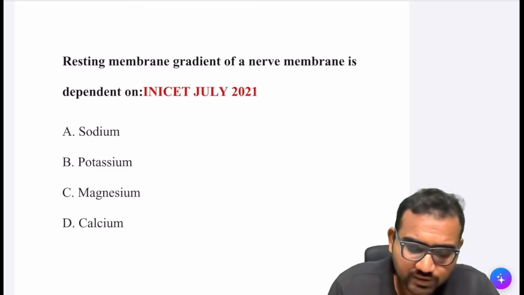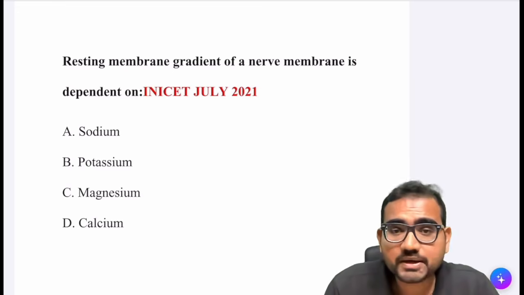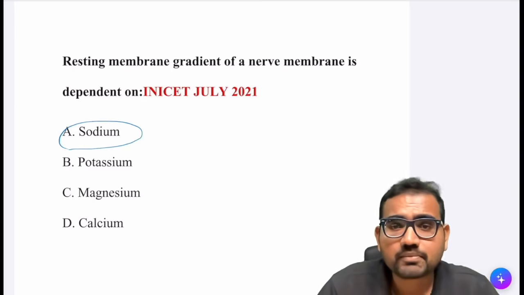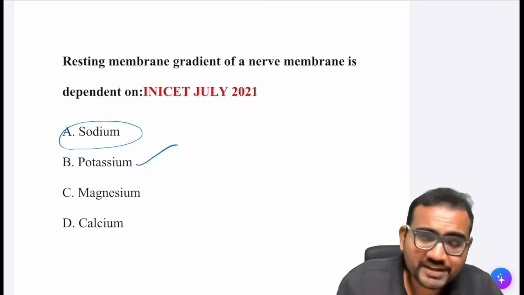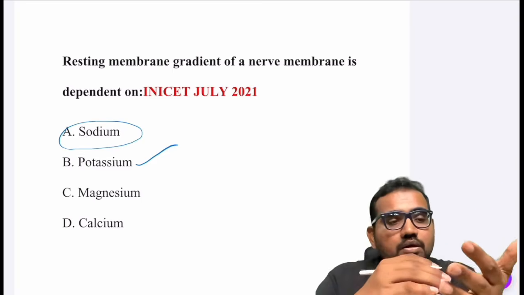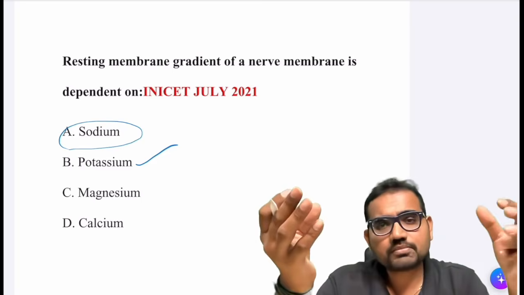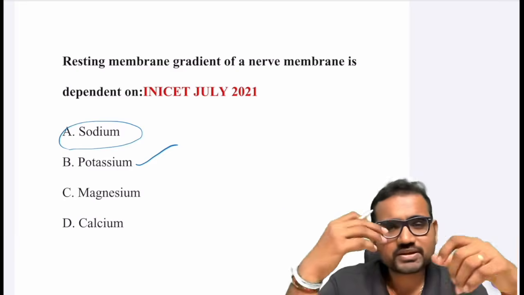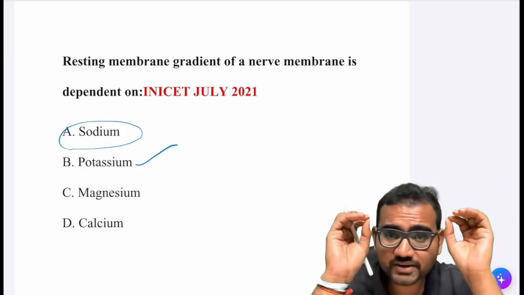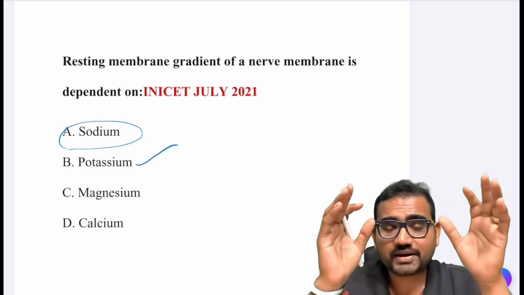So the resting membrane gradient of a nerve membrane is dependent on, we all know the answer. What is it? It depends upon the sodium. No, it depends upon the potassium. Why? Because see, imagine, of course the sodium goes out of the cell, the potassium comes in via the sodium potassium ATPase, but the main or significant thing required for the resting membrane gradient is the potassium.